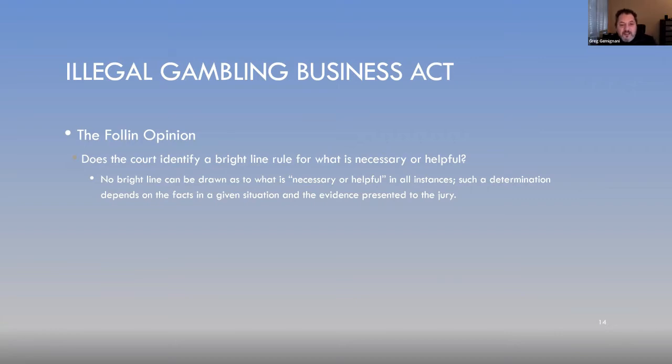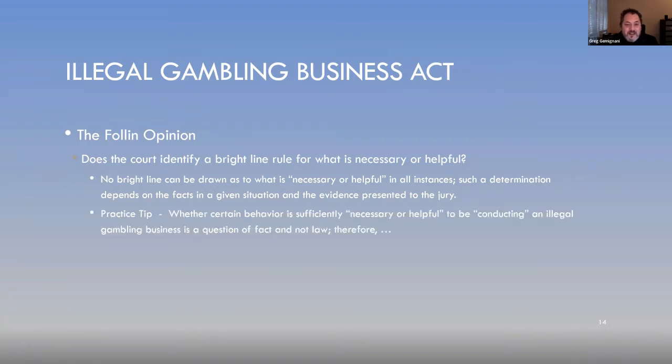So these are questions of fact, whether you're doing something necessary or helpful. They're not questions of law. And as long as there's some evidence that you're doing something necessary or helpful, the court's going to let that stand.